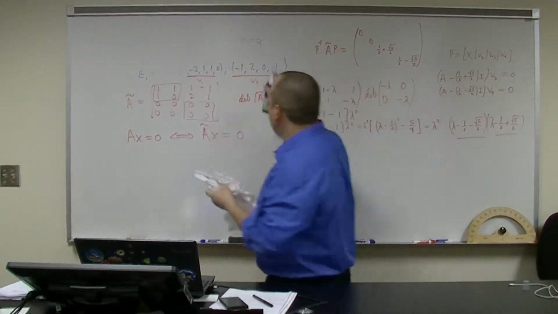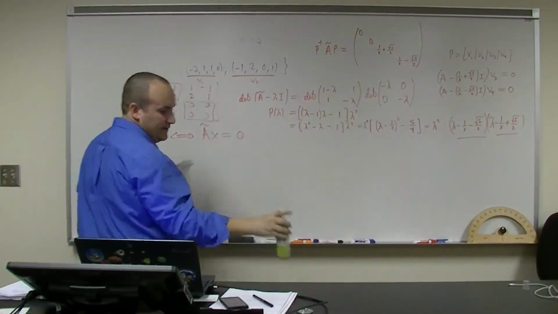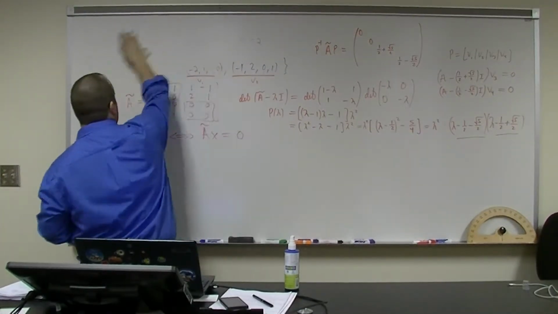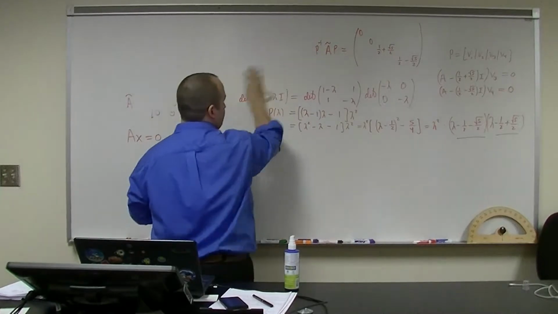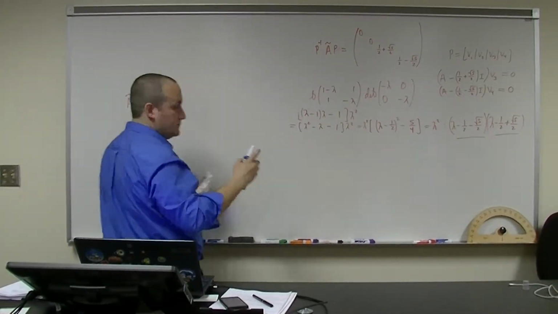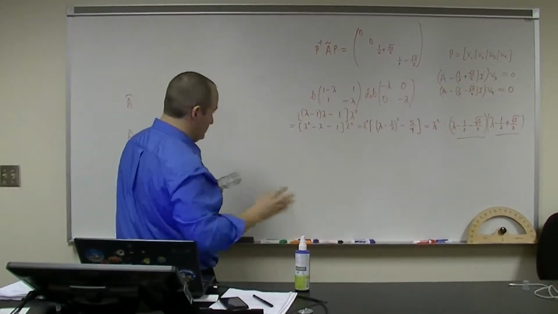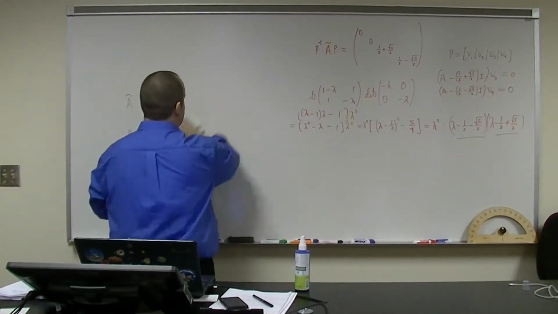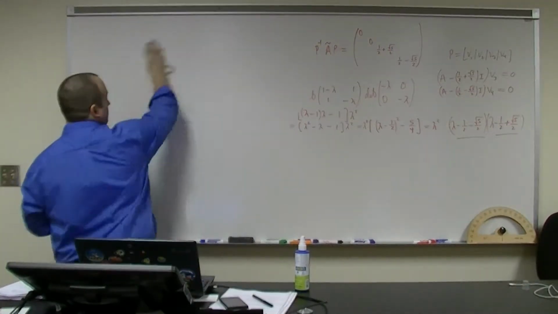I have one. So you guys wanted to see a spectral theorem, you wanted to see a more interesting Jordan example, and what was the other question? Could you do one where you find the Jordan basis for a non-nice matrix?